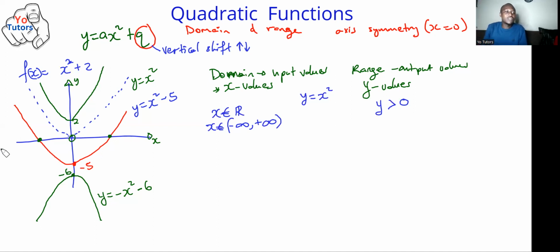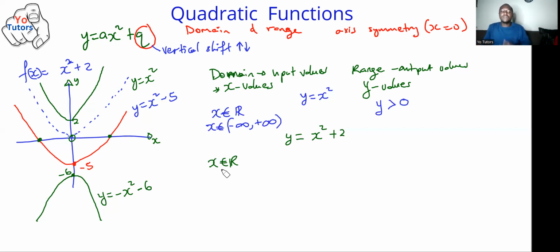Now, let's go to the next equation. Let's have y equals x squared plus 2. Let's talk of the domain for this one. Remember, domain will always be x an element of real numbers, because it occupies any value on the x-axis.